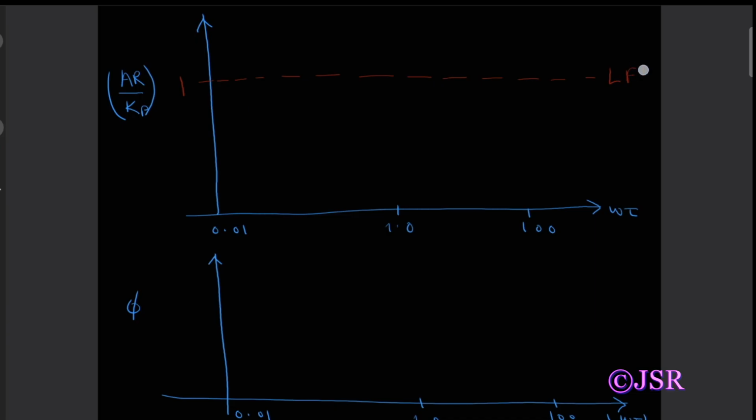The slope of this line is 0, and let's say this is 0.1, this is 0.01, and this is 0.001.